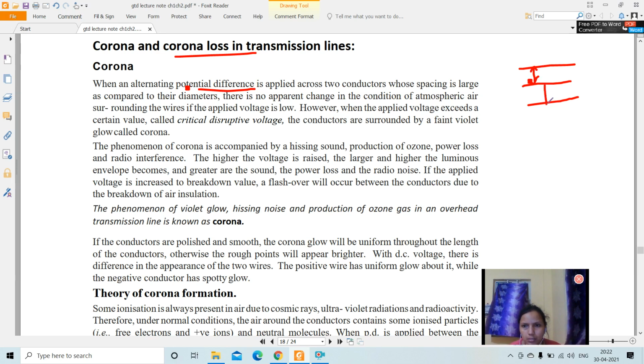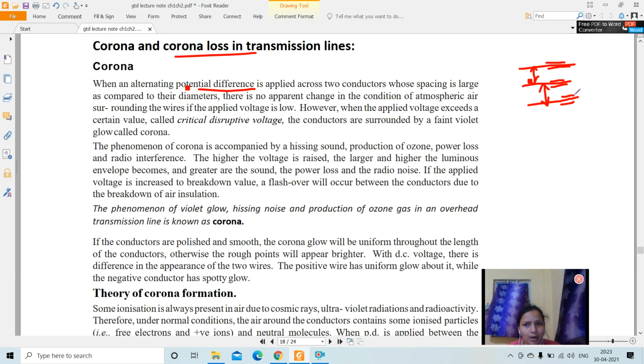So there is no apparent change in the condition of atmospheric air surrounding the wires if the applied voltage is low. This is the surrounding area of this conductor, and this is the surrounding area of this conductor.